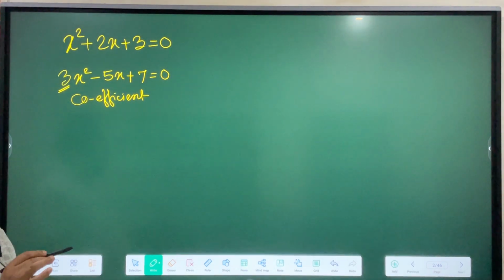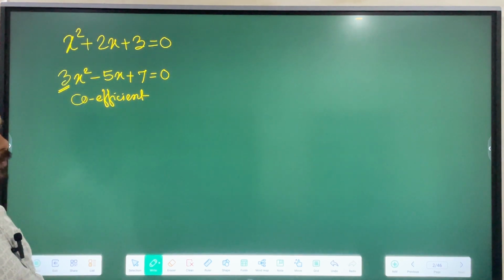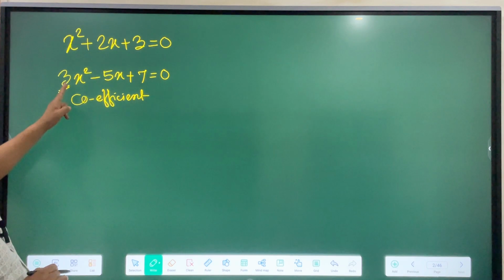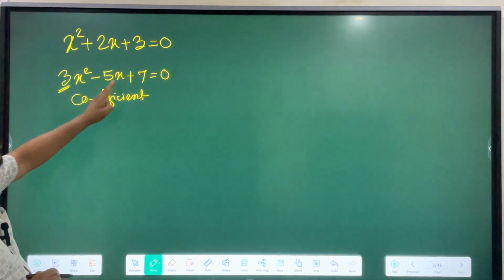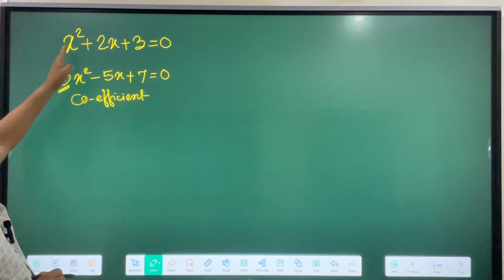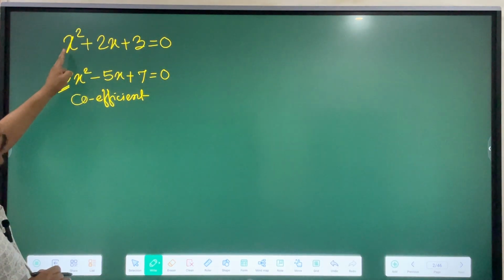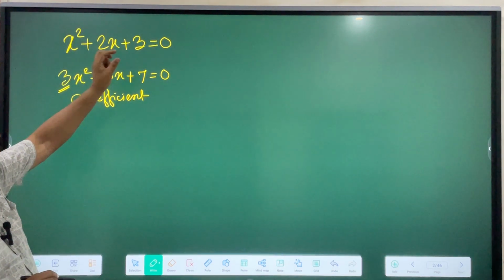There is no x with 7, so it is called the constant term. Similarly, in the first equation 1 is the coefficient of x square, 2 is the coefficient of x, and 3 is a constant term.